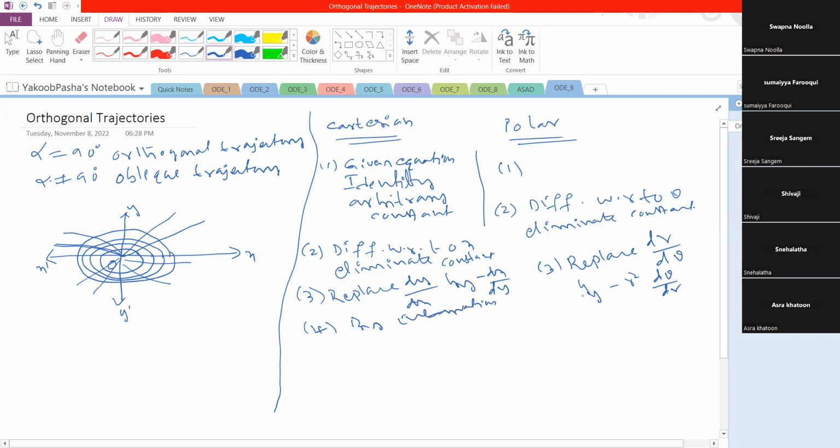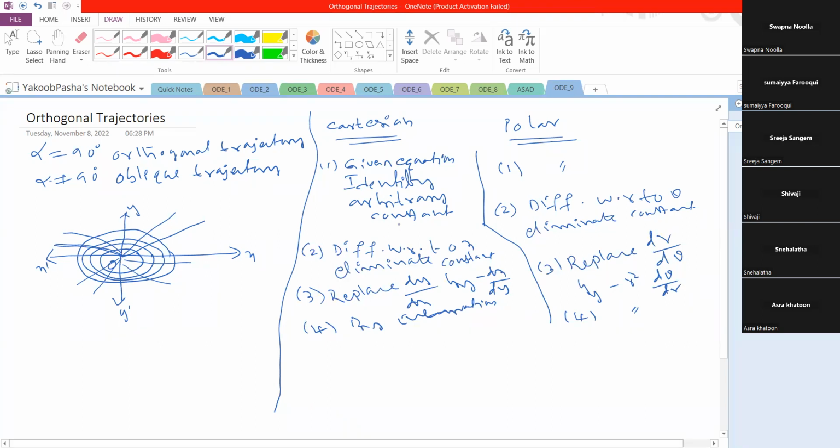This is the procedure for finding orthogonal trajectories in Cartesian as well as polar coordinates.